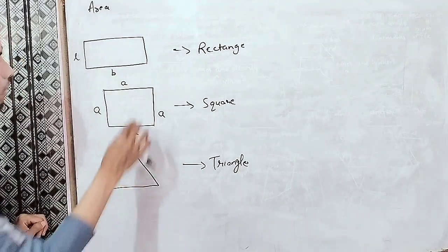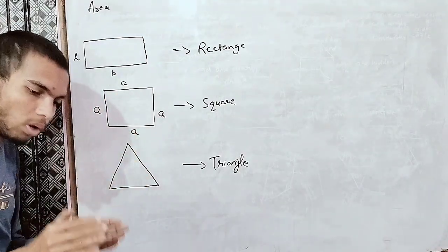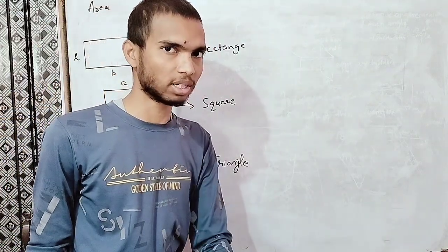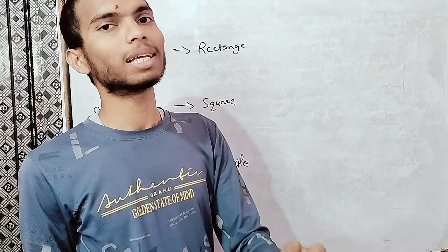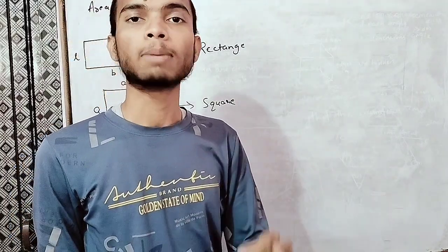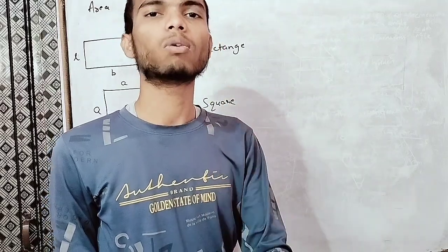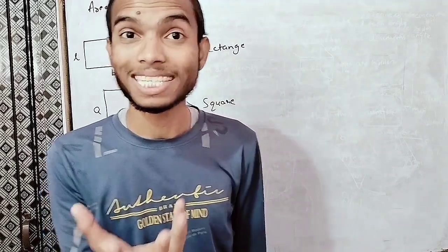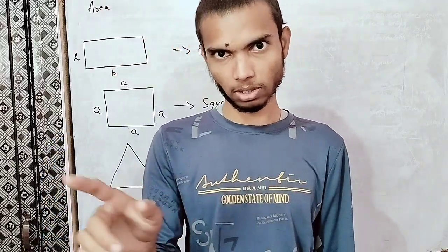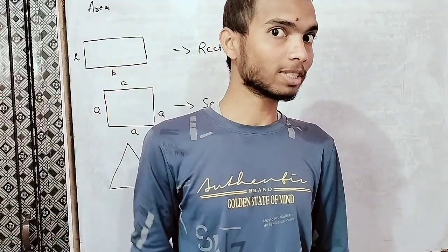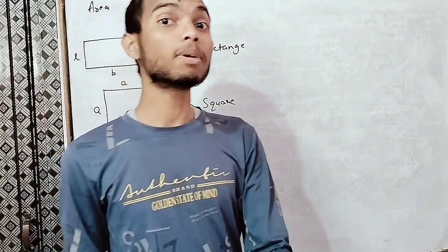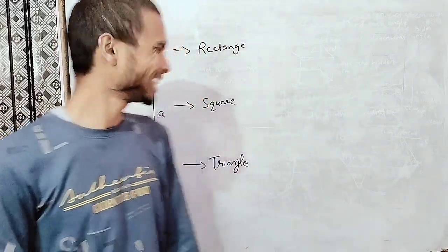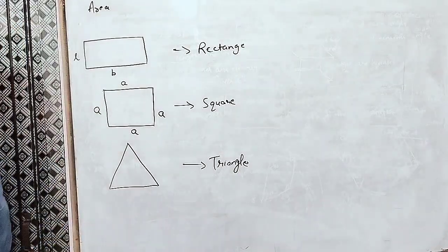If we have only one variable 4 times, 5 times, 6 times, it says we have an equal value 4 times. For example, 6 multiplied by 6 multiplied by 6 multiplied by 6, 4 times.